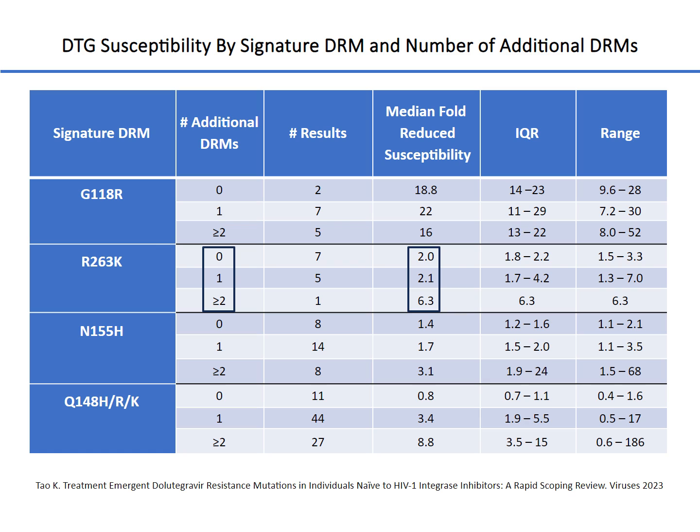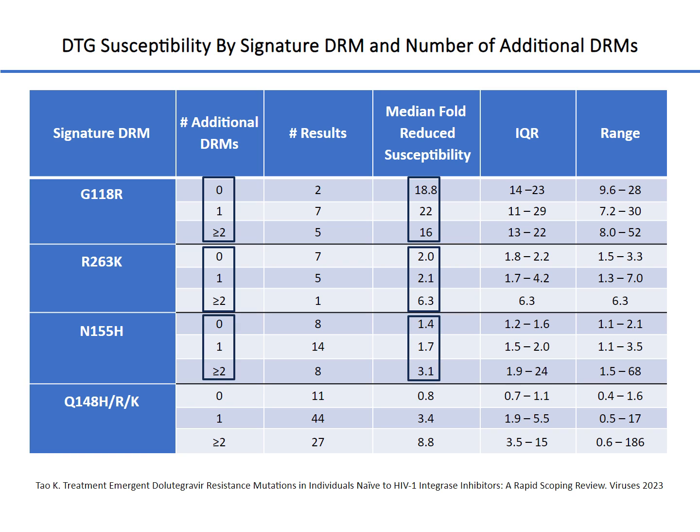The highest level of reduced susceptibility of an isolate with R263K was 6.3-fold. G118R alone, or in combination with additional accessory mutations, was associated with a nearly 20-fold median reduction in susceptibility.